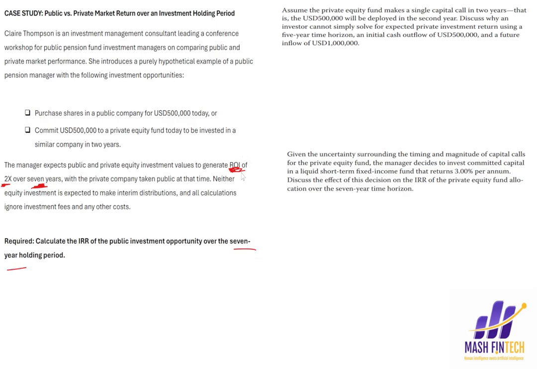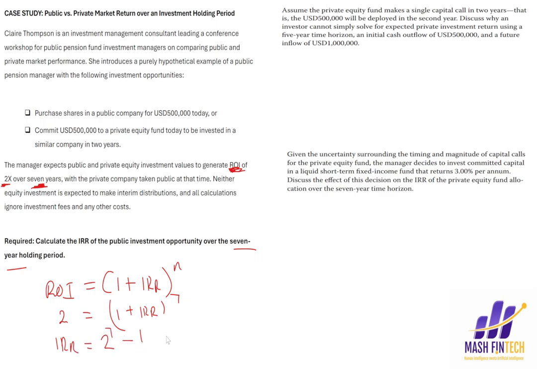And because you are given a return on investment, you can calculate the internal rate of return by saying 1 plus the internal rate of return to the power of n. This is given as 2. This 1 plus IRR is given to the power of n, which is 7. So your internal rate of return is 2 to the power of 1 over 7 minus 1.